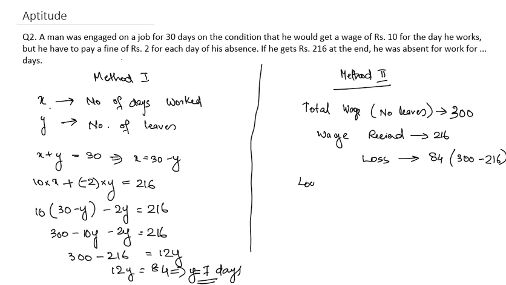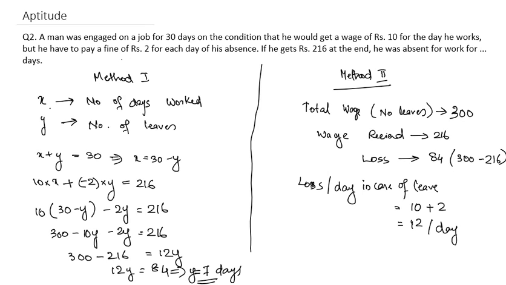Loss per day in case of leaves equals 10 rupees wage and 2 rupees fine, which will come to 12 per day.